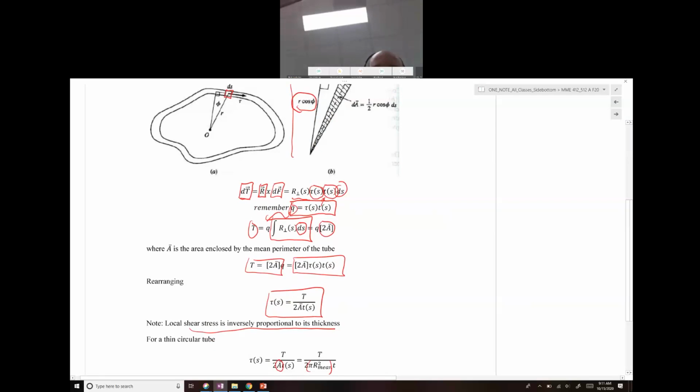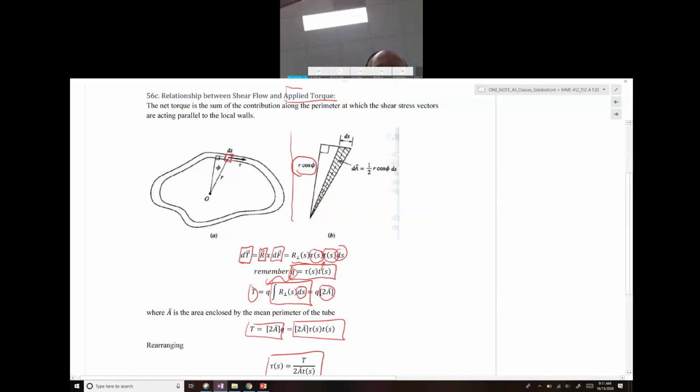substituting this ds term in here. So this is for this element. We can relate ds to dA by saying ds would be equal to 2 dA over r cosine phi.